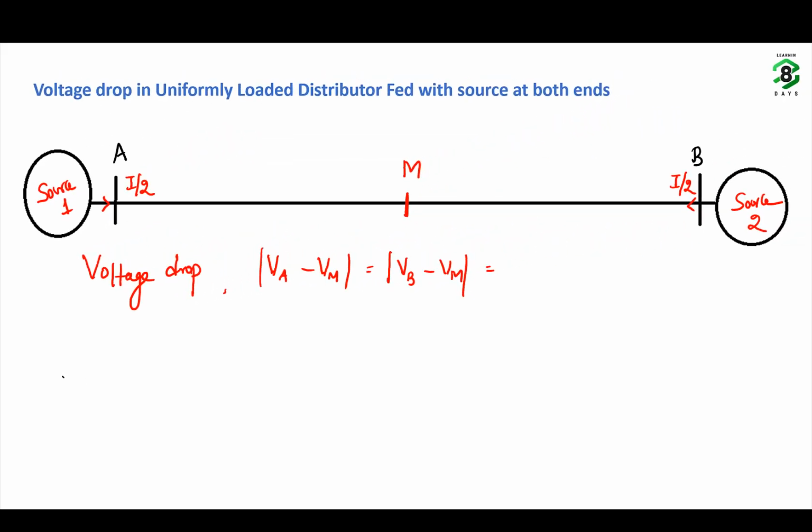From the same parameters, it becomes I by 8 into R cos phi plus or minus X sin phi. So it is 1 by 4 times the voltage drop in the previous case. Previously it was I by 2; in this case it is I by 8.